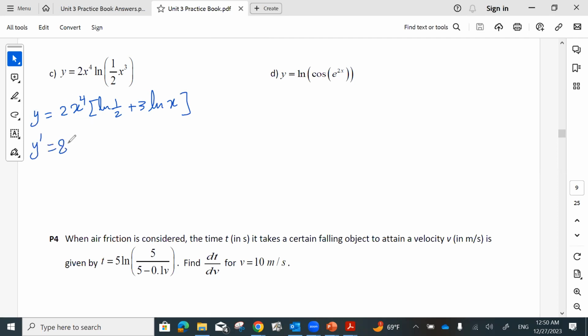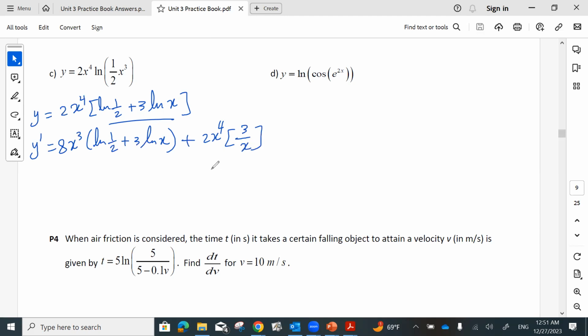Derive the first one, 8x cubed, times the other function, ln half plus 3 ln x, plus keep 2x to the power 4 this time and derive the other one. The derivative of ln half is a constant, just a number, so the derivative is 0, and the derivative of 3 ln x is 3 over x.